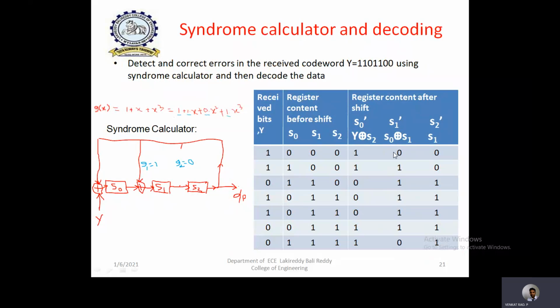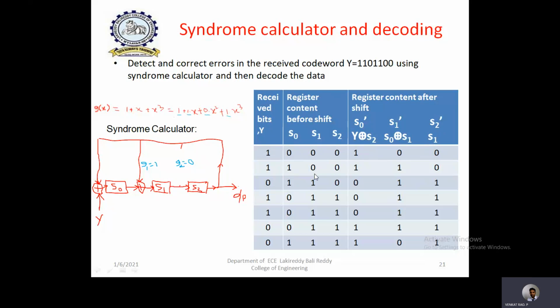Based on these formulas, initially assuming all the register contents are 0, 0, 0, the first received bit is 1, so 1 XOR with S2, that is 1 XOR 0, is 1. Next, S0 XOR S2 is 0. Next, S2 dash is equal to S1, and S1 is 0.